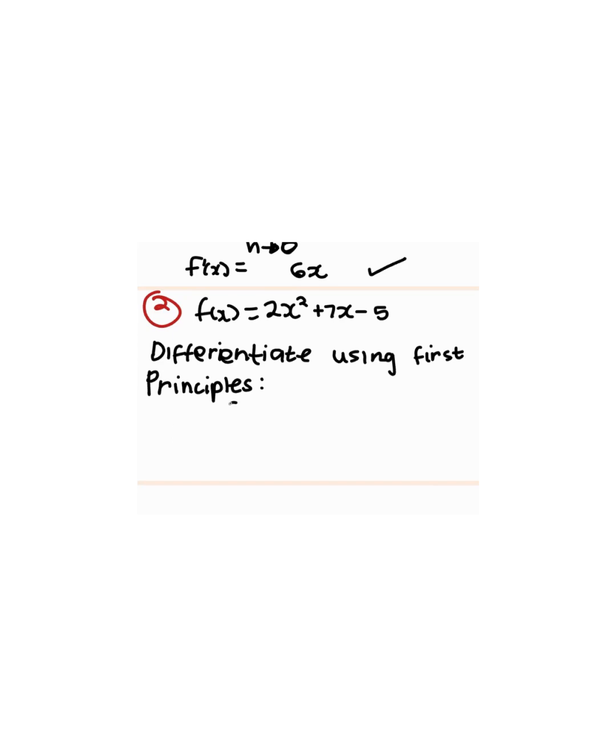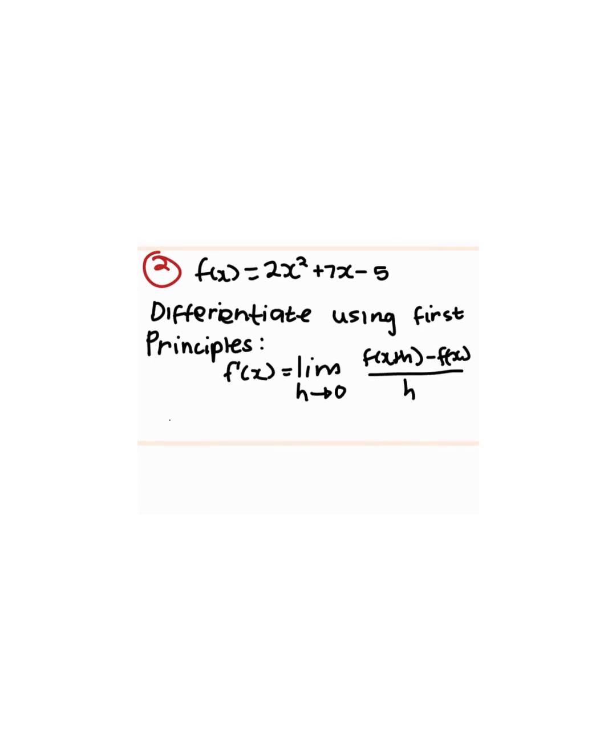Remember, your f prime x is the limit as h tends to 0, where we have f of x plus h minus f of x divided by h. So the first step, we are going to get our f of x plus h.